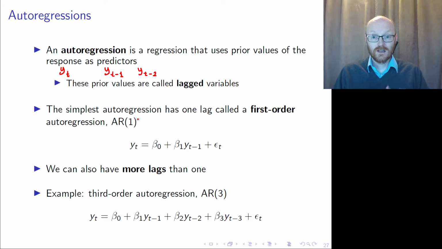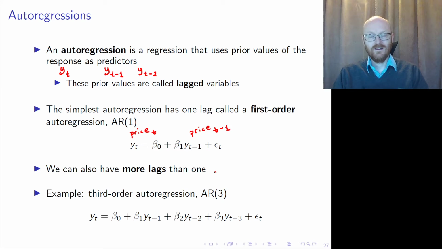The simplest autoregression is a one-lagged autoregression. We call that first order autoregression, or AR1. So this is, for example, price at time t equals an intercept plus a coefficient or a slope times price at time t minus 1.